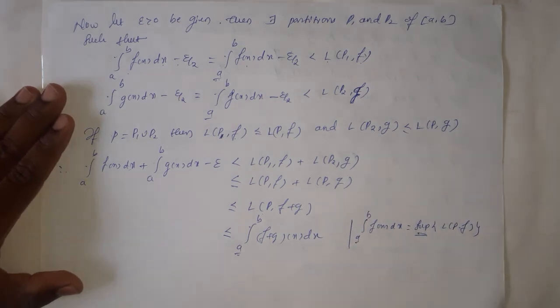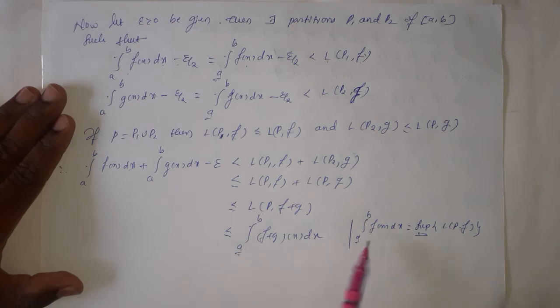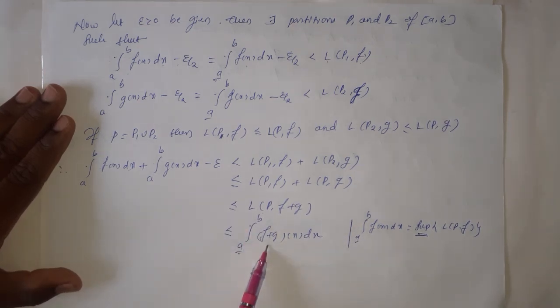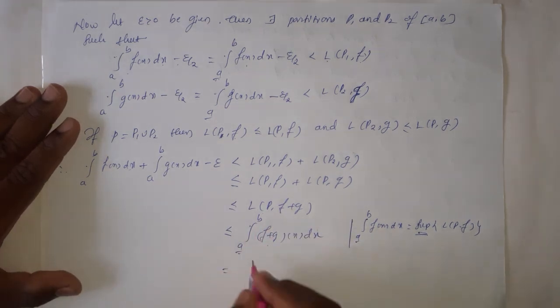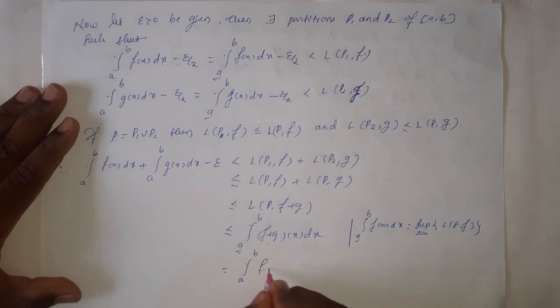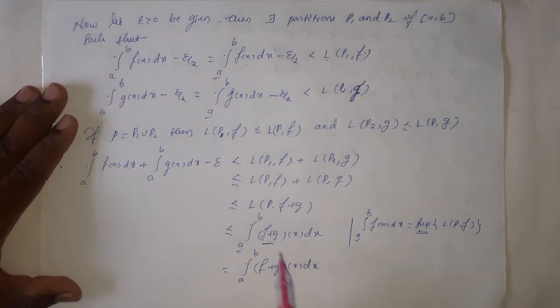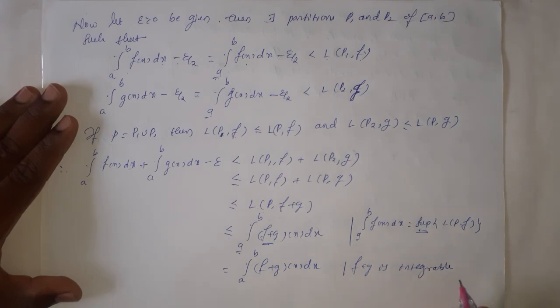Supremum means the greatest value, because that is the least upper bound of the lower sums. Therefore, all the lower sums must be less than or equal to this lower Riemann integral of f plus g of x, and this is equal to the integration from a to b of f plus g of x dx, because we have already proved that f plus g is integrable.